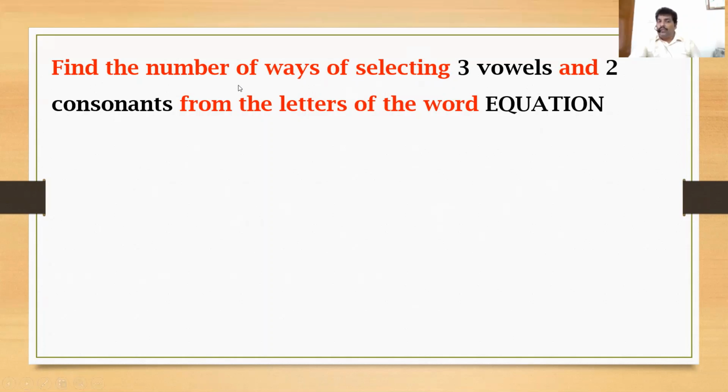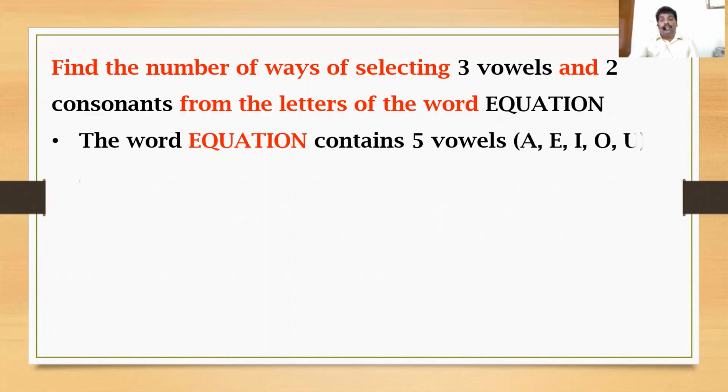So in the given question, find the number of ways of selecting 3 vowels and 2 consonants from the letters of the word EQUATION. First, what you should do? See how many vowels and how many consonants the word EQUATION contains. The word contains 5 vowels: A, E, I, O, U, all 5 vowels are there.